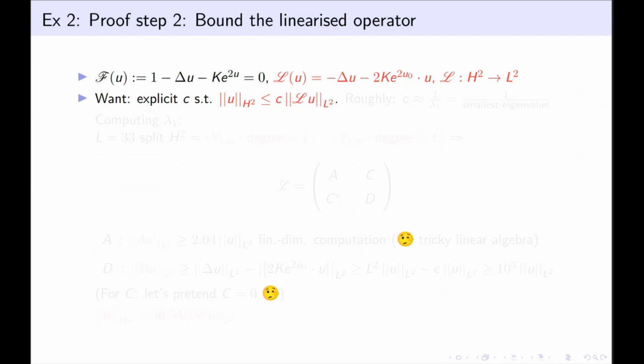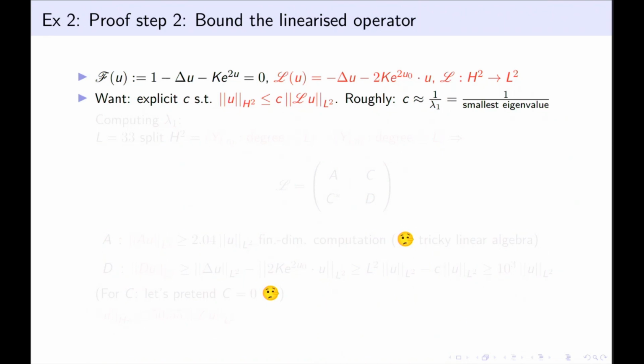U less than or equal to C times L, and we want this constant C explicit. And roughly speaking, this constant is 1 over lambda 1, which is the smallest eigenvalue of your linearized operator.